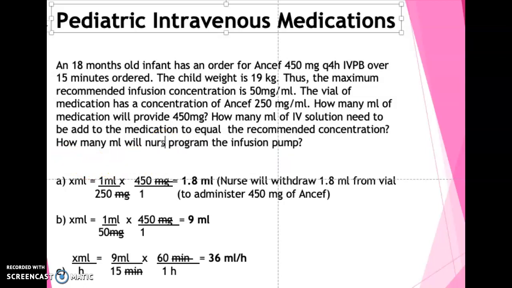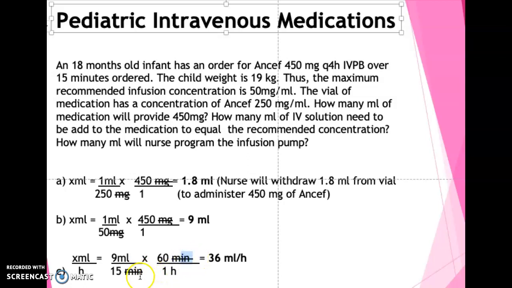The third part of the problem: how many mL will the nurse program the pump? The third component is that we're looking for X mLs per hour, which is our flow rate. So we have 9 mLs and a time of 15 minutes. We have to convert minutes to hours: 1 hour is equal to 60 minutes.